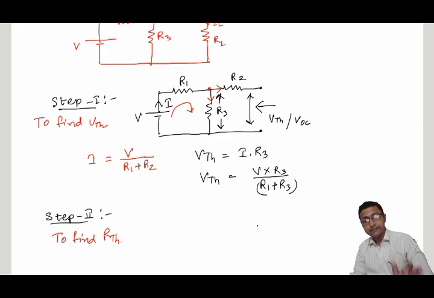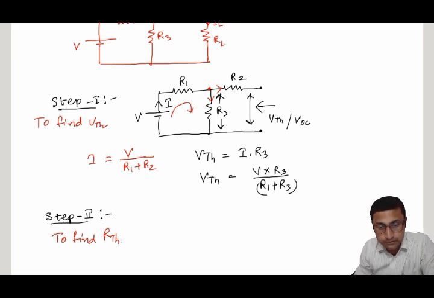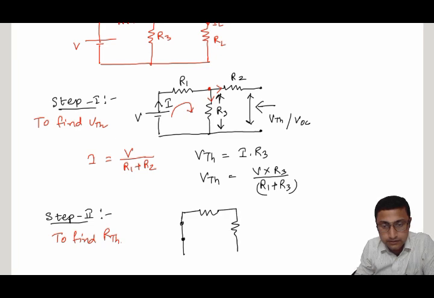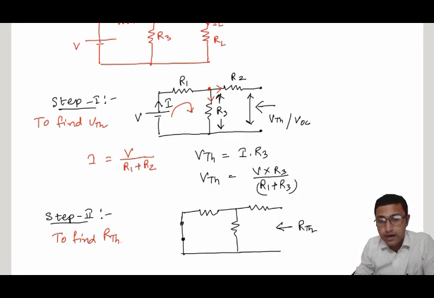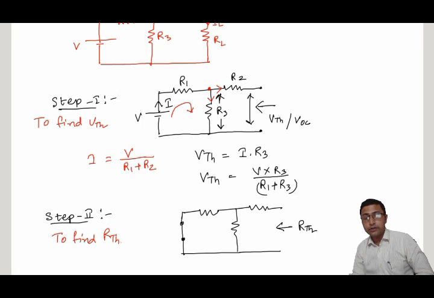As I have already discussed, the voltage source is ideal, so its internal resistance is 0, and the voltage source is replaced by simply a short circuited path. Then from this open circuit terminal you have to measure the RTH or Thevenin equivalent resistance.